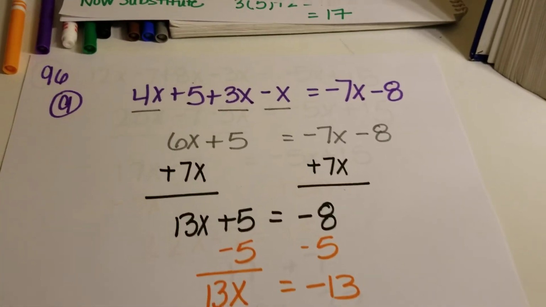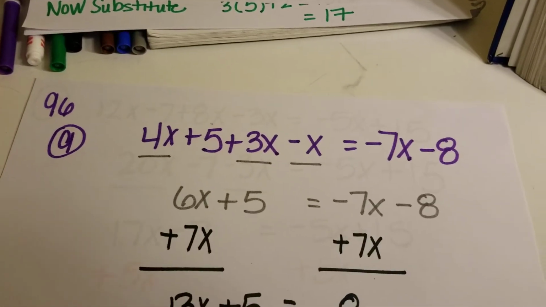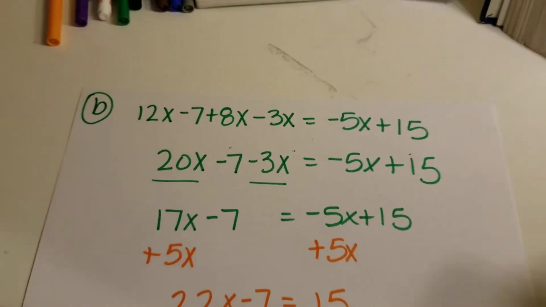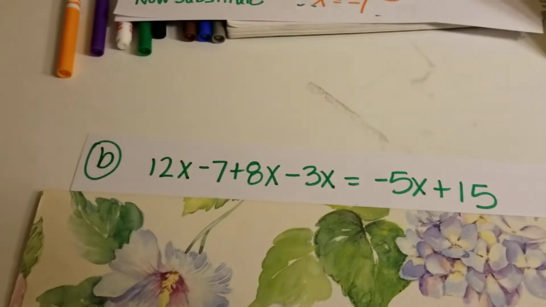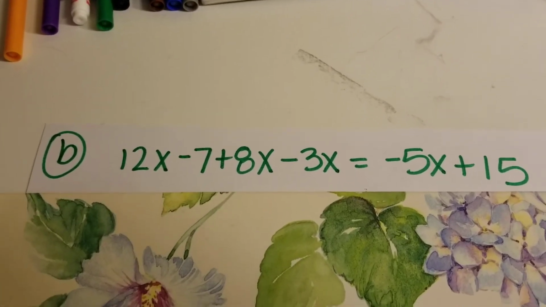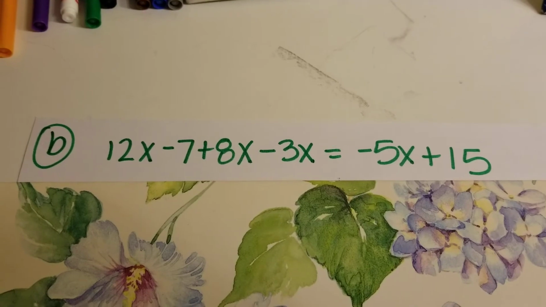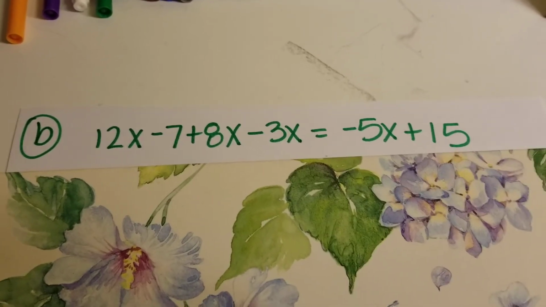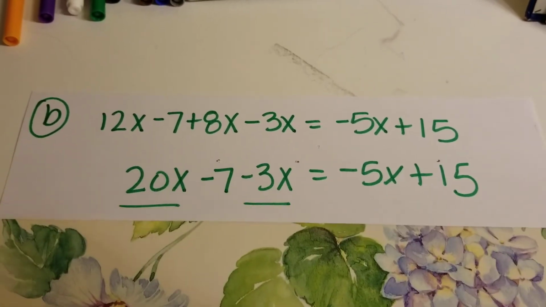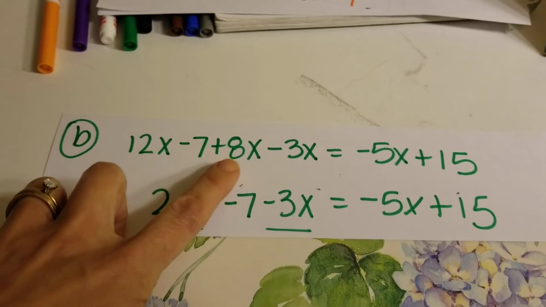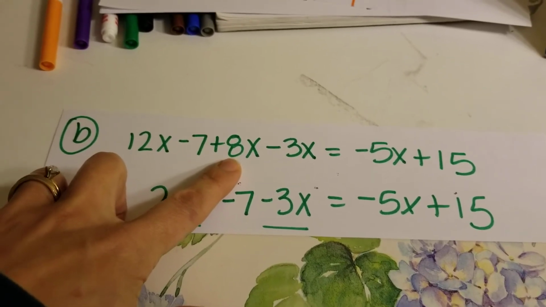Okay. Next example from this lesson, we have 12x minus 7 plus 8x minus 3x is equal to negative 5x plus 15. On the left side, okay, I think I did this in 2 steps. Yeah, just to show you I could. So 12x plus 8x, I thought, oh, okay, I'll just add those.